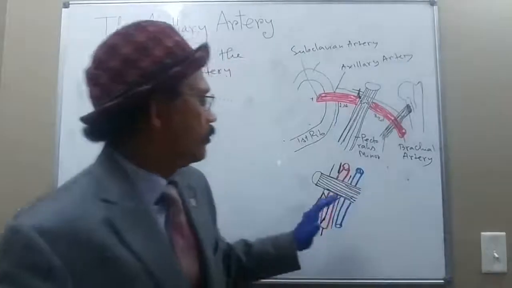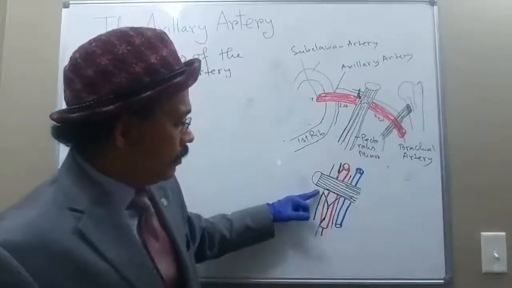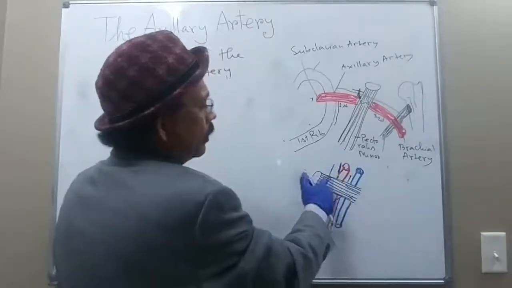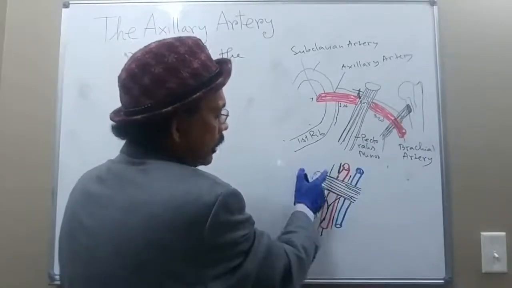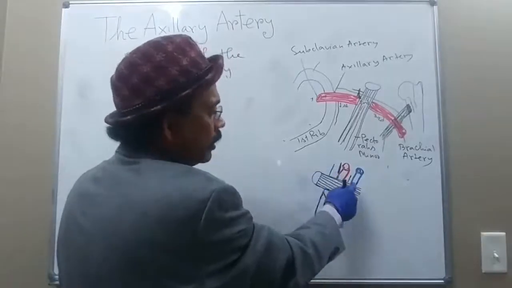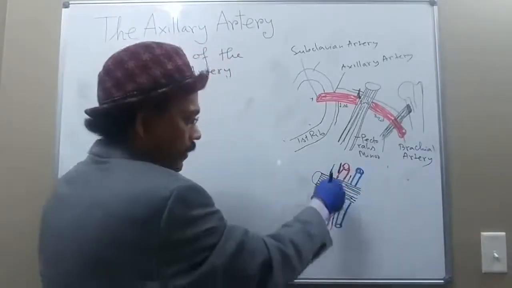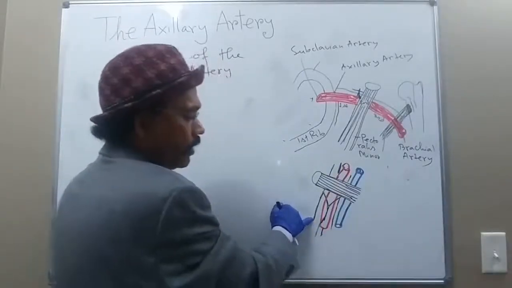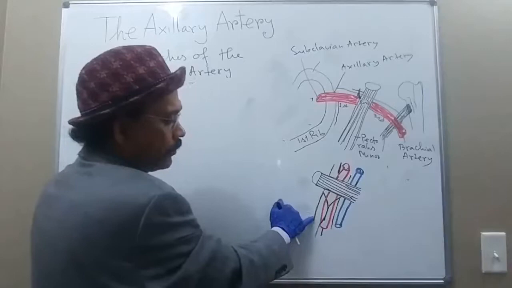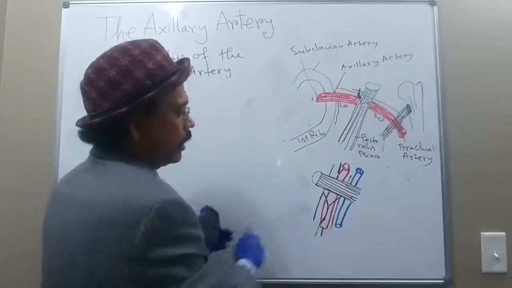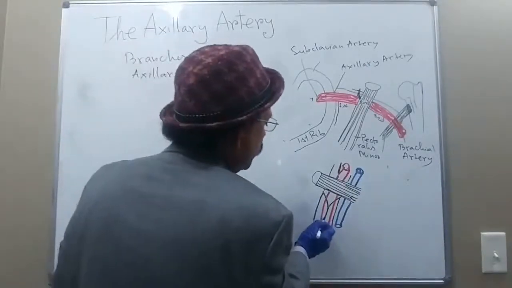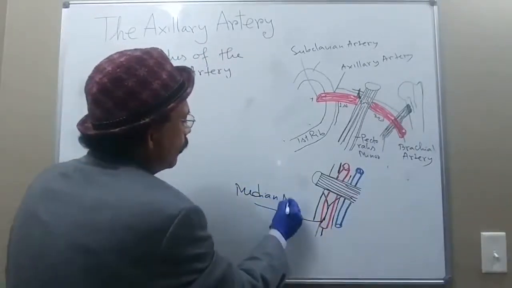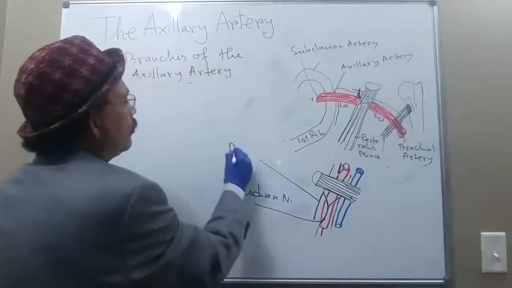If you look at its relationship to the brachial plexus, then in the first part we have the lateral cord laterally, the posterior cord partly laterally, and the medial cord here. As it goes down, we get the musculocutaneous nerve laterally, the median nerve, and the ulnar nerve around the third part of the axillary artery.